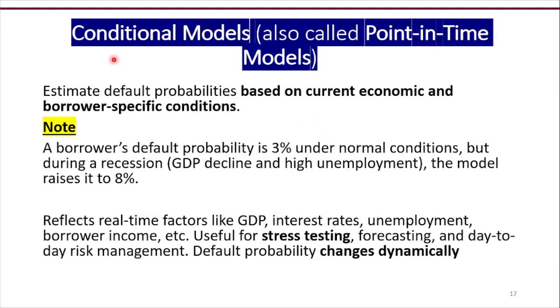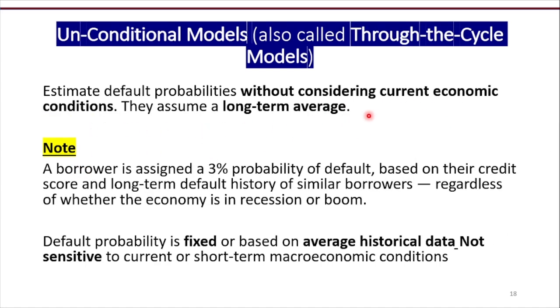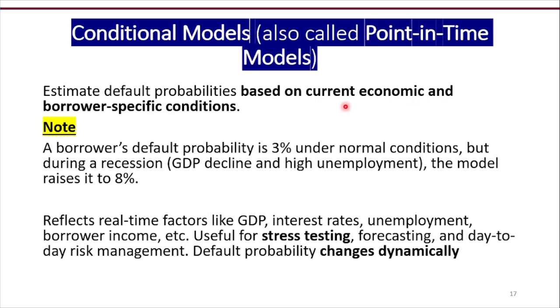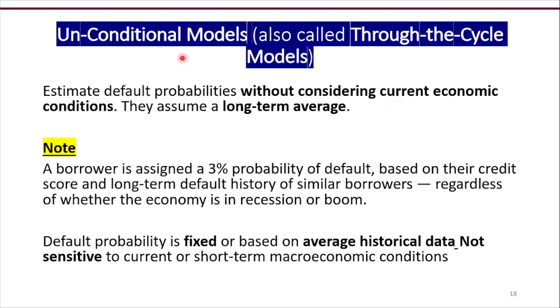In the conditional model, we are considering the current economic conditions, but in the unconditional model we are not considering the economic condition currently happening right now. This is used for long-term purposes.